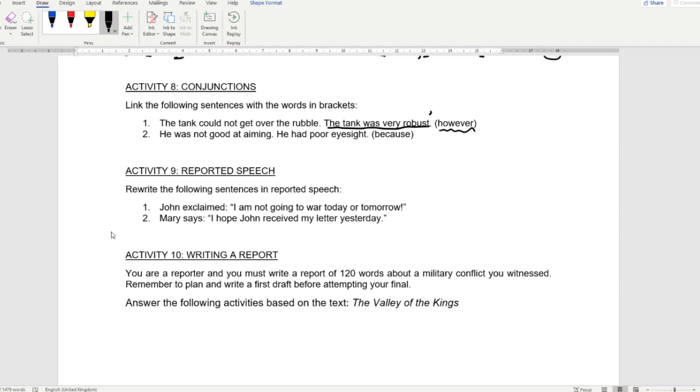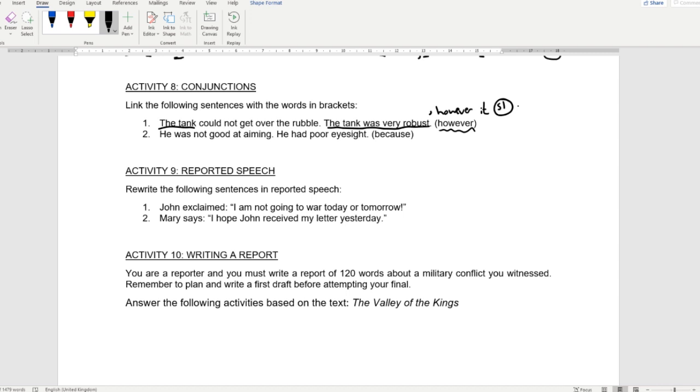So it would be, the tank was very robust, however, and then instead of saying the tank again, I can just use the pronoun to replace it, which is it could not, and then the rest of sentence 1. And then add a full stop at the end. So, the tank was very robust, however, it could not get over the rubble.